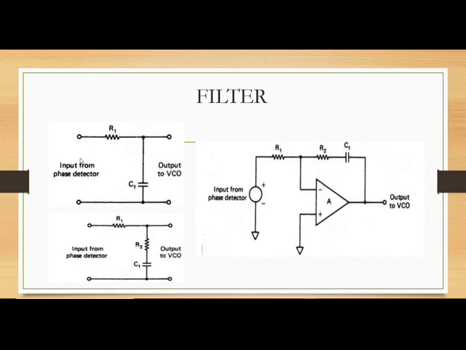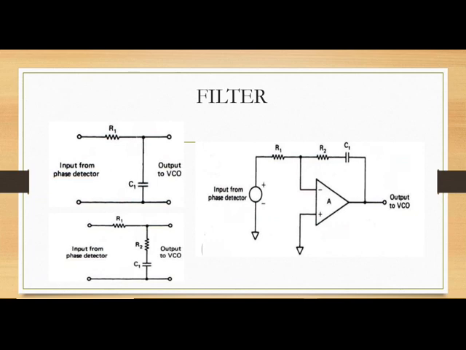The input to the filter comes from the phase detector and the output of the filter is given to the voltage controlled oscillator. The voltage controlled oscillator will convert the output voltage of the filter to a signal which mainly has frequency as its main component.